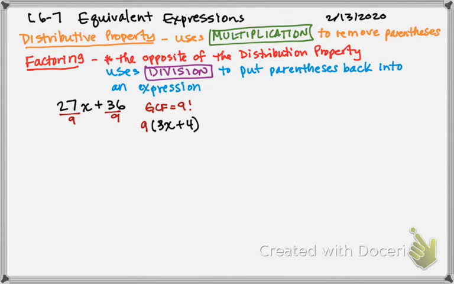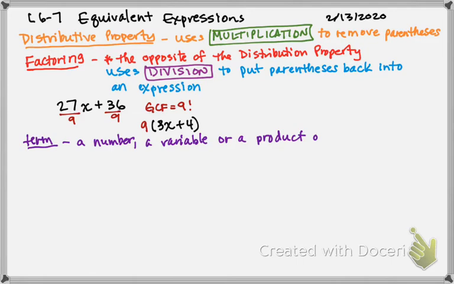Okay. Now, notice that there were two values in my example. Those have names. Term. A term is a number, a variable, or a product of numbers and variables.